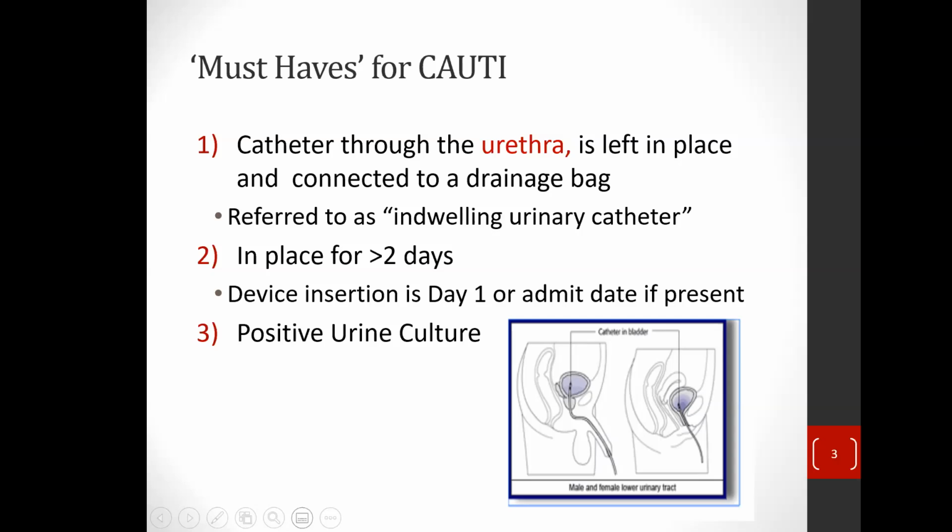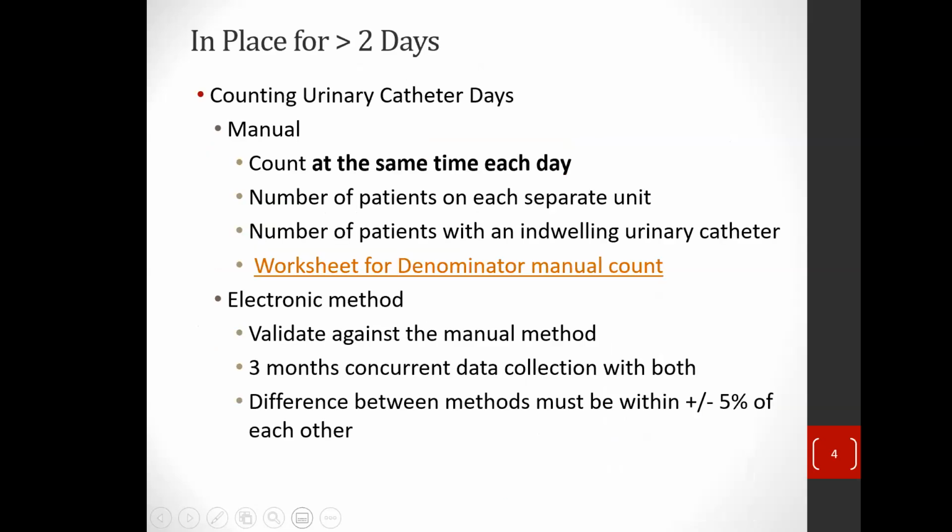So the first day, the next day after, and the third day is when you can look at whether it is a catheter-associated urinary tract infection, or admit date if it's present when the patient came into the hospital or into your facility. And then the third thing that is a must-have is there has to be a positive urine infection.